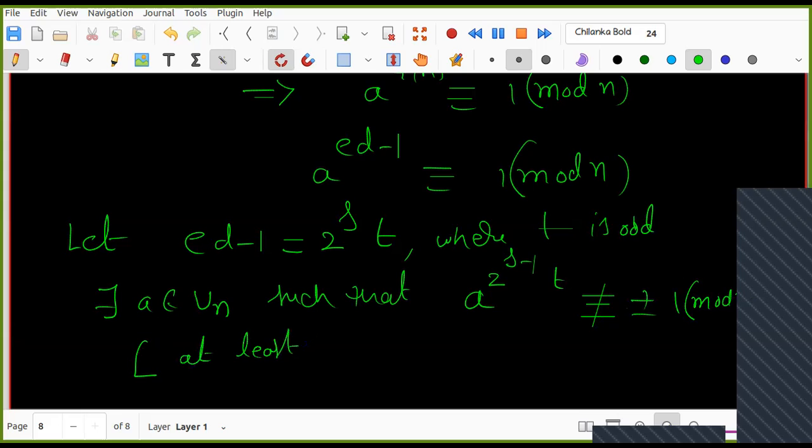Is it clear or not clear? What if I square it?